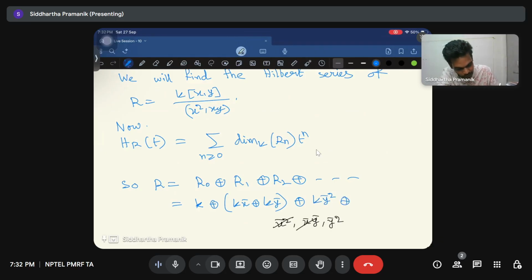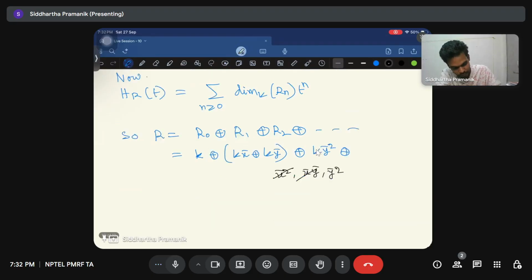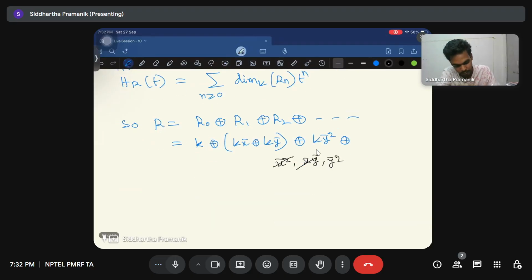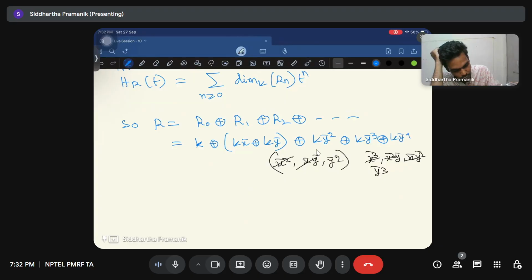Similarly, for degree 3, we have x cube bar, x square y, xy square and y cube. But these terms involve xy, so they will be 0, and x square is 0 means x cube is also 0. So we will have only k y bar cube. And you can check that for higher degree terms also we will have only one term.